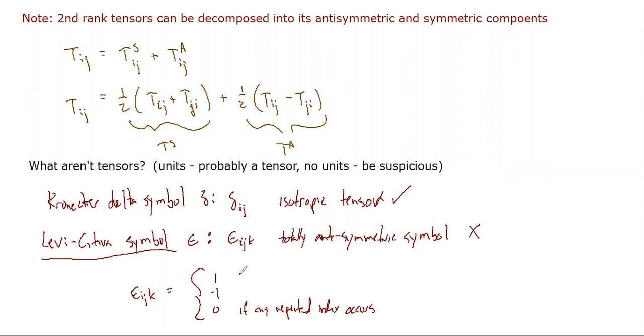It's 1 if ijk is a cyclic permutation of 1, 2, 3, which is to say the order is preserved. And it's -1 if an odd permutation occurs.